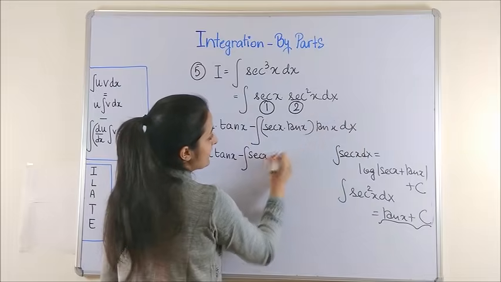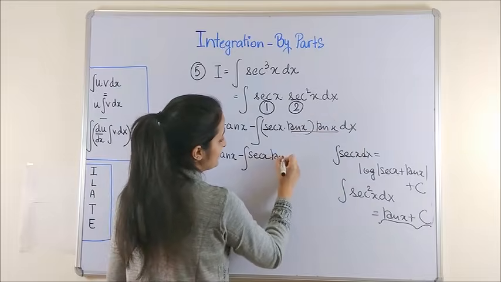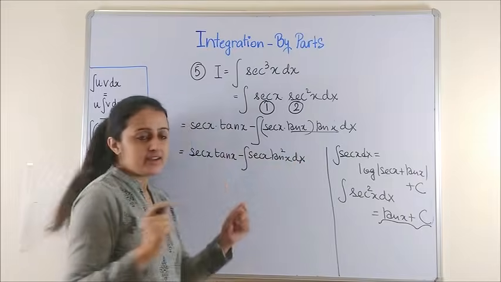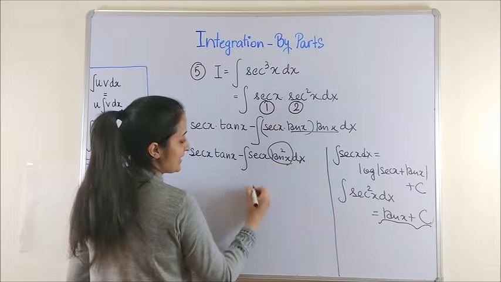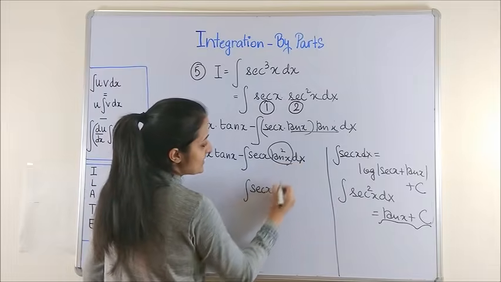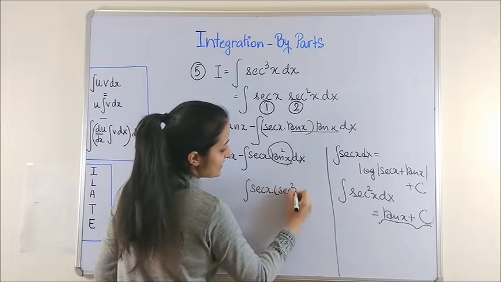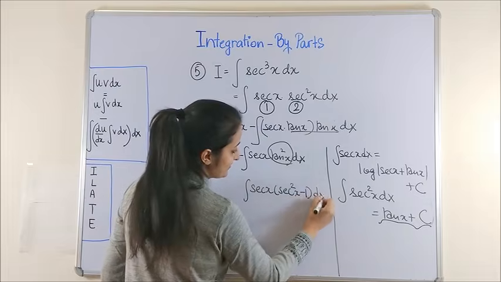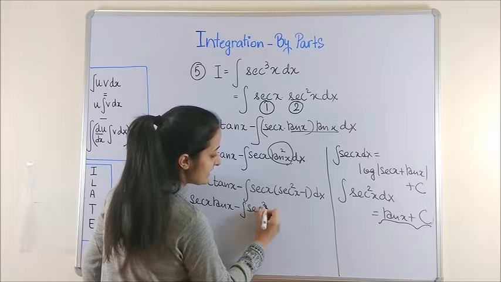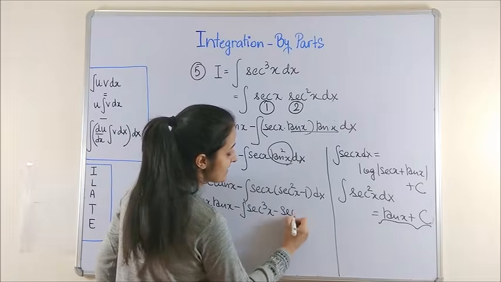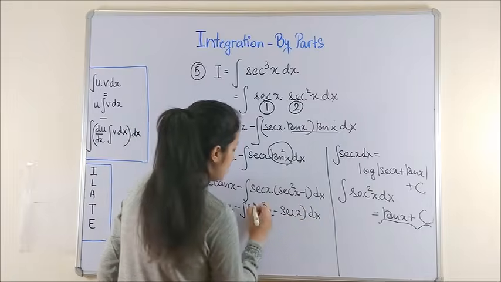This becomes tan square x. And now one little trick. I can write my tan square x as secant square x minus 1. And now once we open the brackets, this becomes secant cube x minus secant x dx.